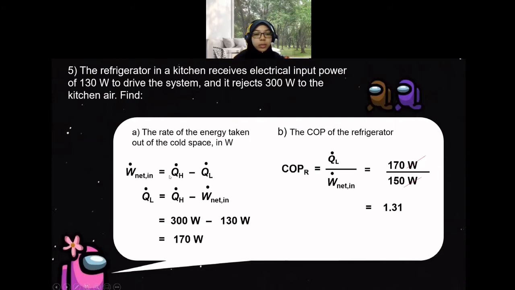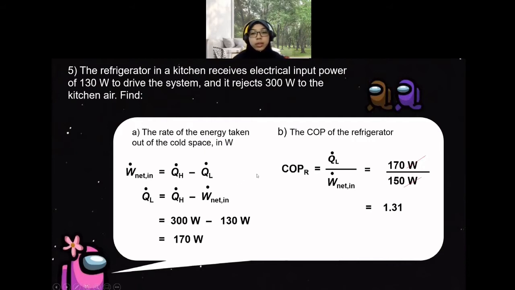W dot in equal to Q dot H minus Q dot L, and we modify the formula to find the Q dot L. Q dot L equal to Q dot H minus W dot in. So we insert the value 300 watt minus 130 watt. So we got the Q dot L value 170 watt.